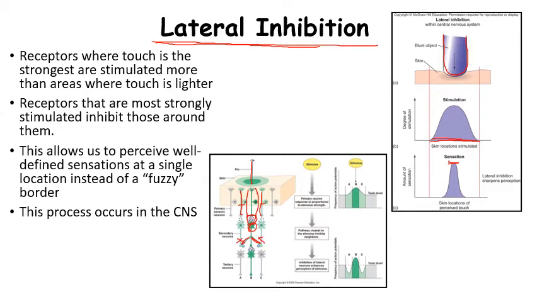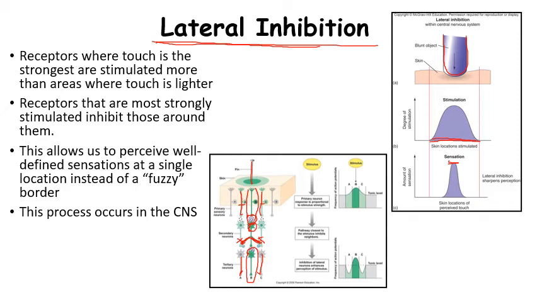So what's actually getting to the brain is not, hey, there's a little bit of touch here, we're getting the touch here, because these will not be sending information to the brain since they've been inhibited at the second order. So this is called lateral, we're going laterally and inhibiting this neuron.